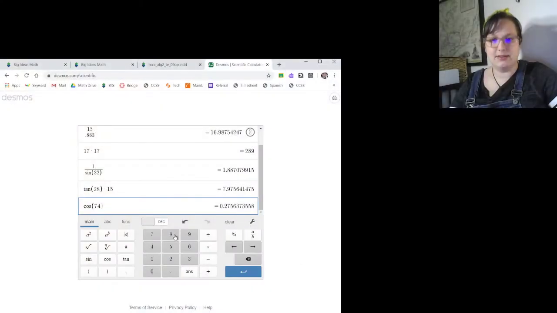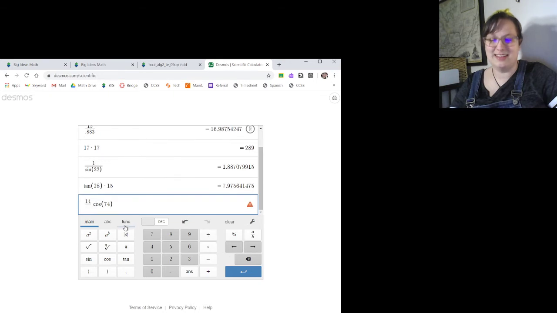Back to my calculator. 14 divided by, oh, I didn't do it. I have to rewrite that. Oh, 0.276.